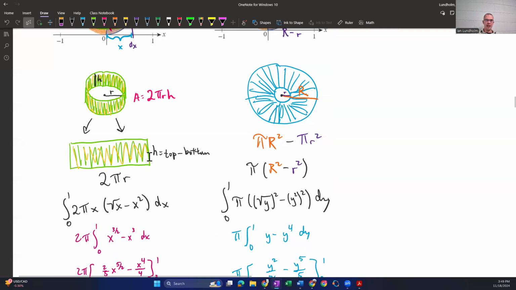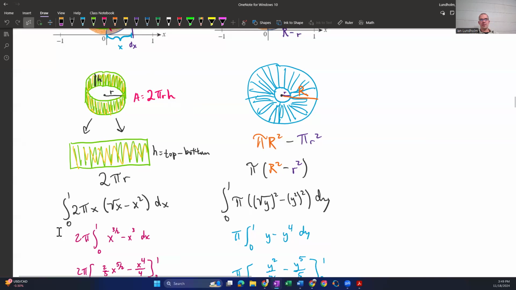And then we multiply that times the height, which is just the top function minus the bottom function. So overall, the area of this cylindrical shell cross section is 2 pi r h. And the idea is that is the cross section that we're going to try to build into our integral.